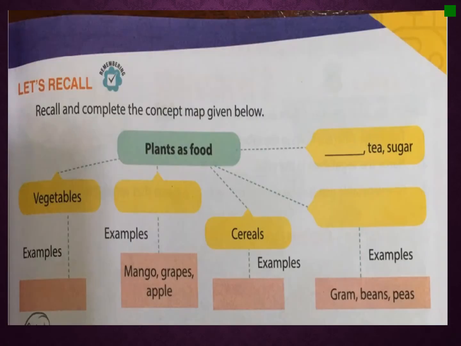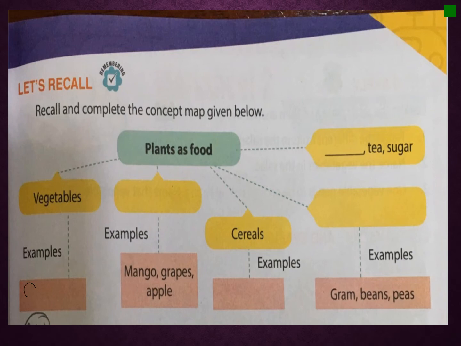Let's recall and complete the concept map given below. Plants as food. So here you have vegetables. Now let's write an example for vegetable. Any vegetable that you know.